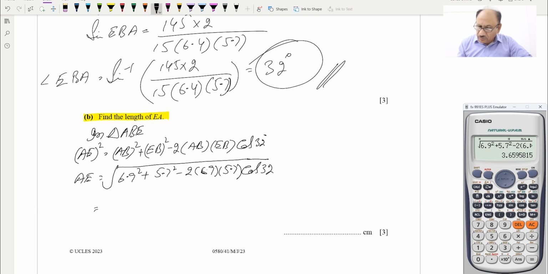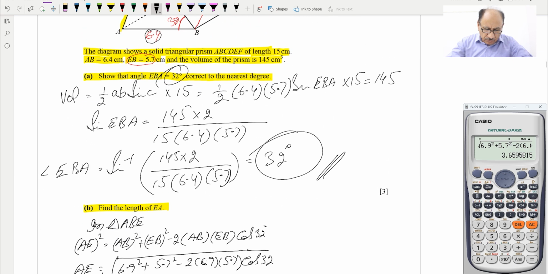Wait, it's 6.4 basically, it's not 6.9. Let me double check. Yes, 6.4.